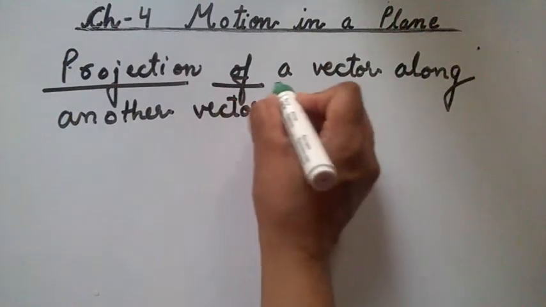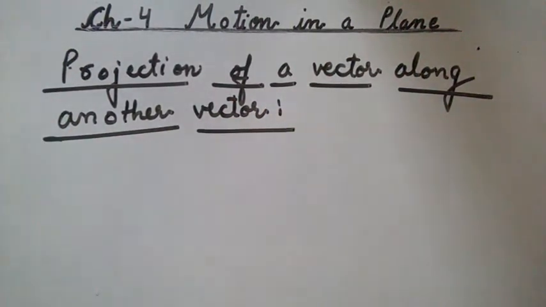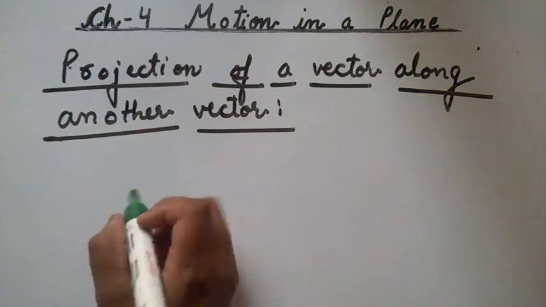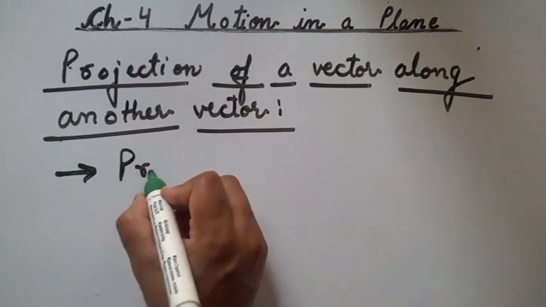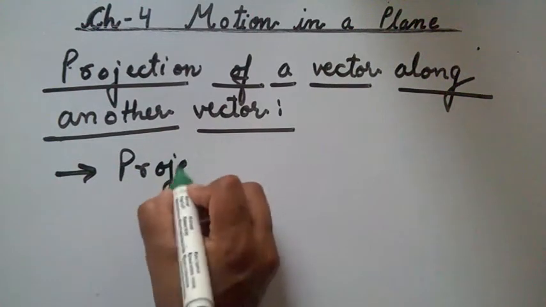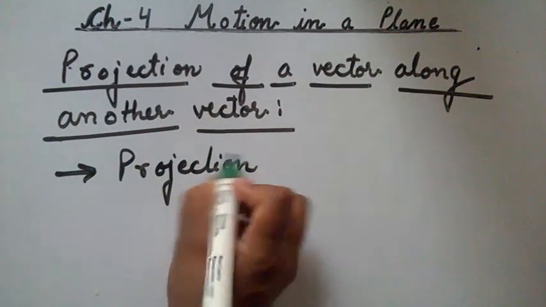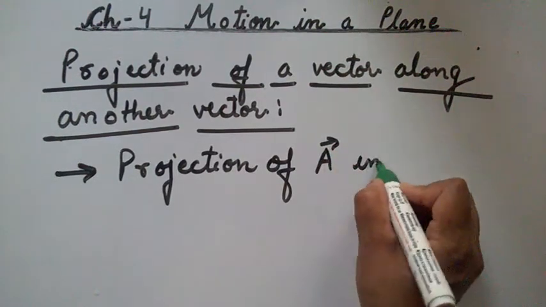Projection is also a very important topic. Now let's see. If there are two vectors and we have to find the projection of A in the direction of B vector.